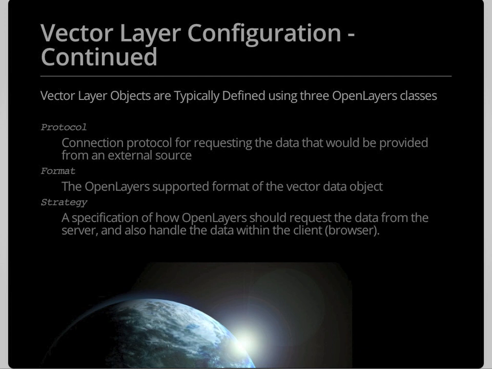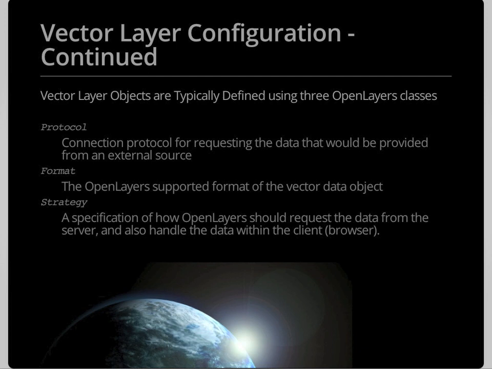The format object defines what the format will be, again with that long list of supported formats available. Depending on the specific format, there may be different options. And this is where, again, going to the API reference and looking at the information for a specific format will help you in determining what the contents of this format object would be.